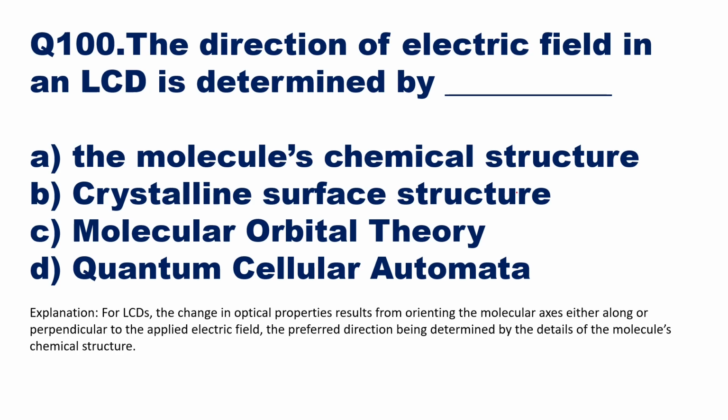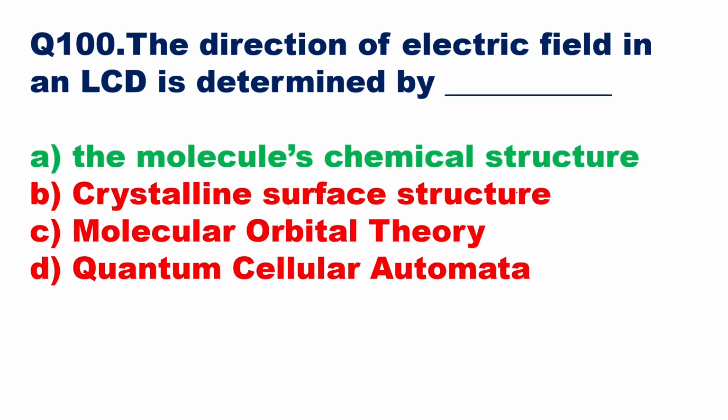Because of that structure, you get the proper display on your LCD. For LCDs, the change in optical properties results from orienting the molecular axis either along or perpendicular to the applied electric field, the preferred direction being determined by the details of the molecular chemical structure. So answer A will be the right answer here: the direction of electric field in an LCD is determined by the molecular chemical structure.